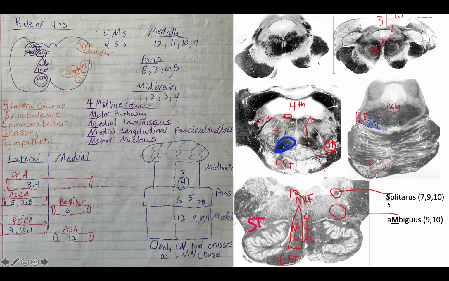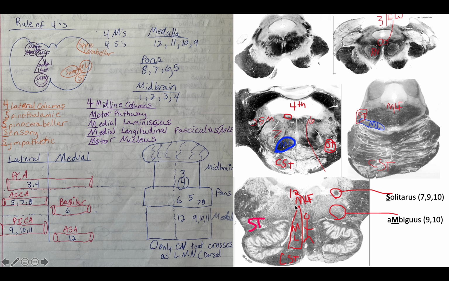I went ahead and highlighted the S for solitarius for sensory and the M for ambiguus for motor. Here you can also see the medial lemniscus for your dorsal columns that we talked about in the spinal tracts lecture, and the corticospinal tract, and we have our spinothalamic out here.